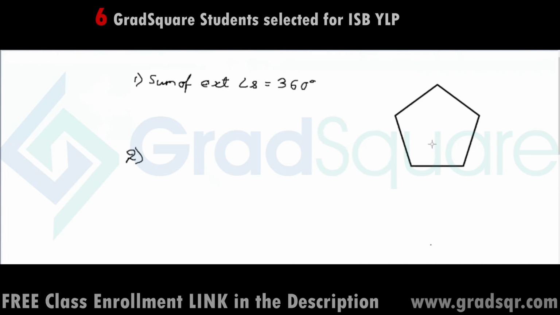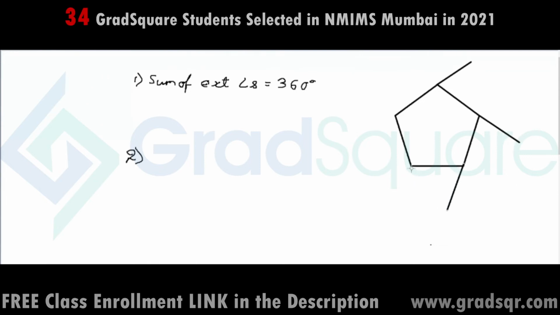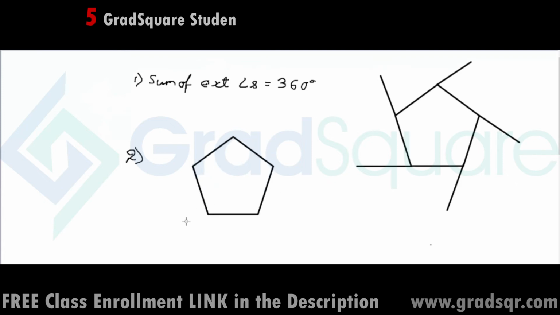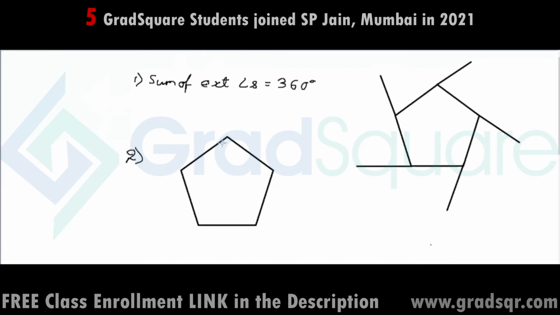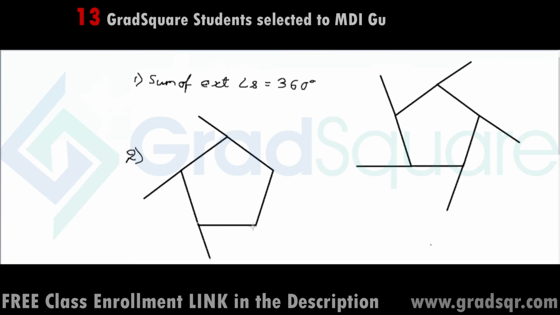Similarly, this pentagon will have 5 exterior angles that can be formed by producing the sides in the clockwise direction like this, and I can have 5 more by producing the sides in the counterclockwise direction like this. Okay, so in total I will have 10 exterior angles in this pentagon.